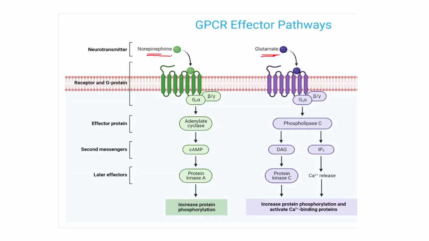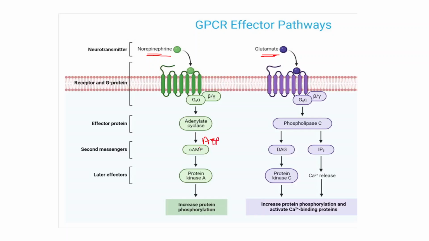If norepinephrine binds to the GPCR, then it activates the Gs alpha subunit, the stimulatory alpha subunit. After activating this alpha subunit, it will activate adenylate cyclase, which is the effector protein in this case, and it converts ATP to cyclic AMP.